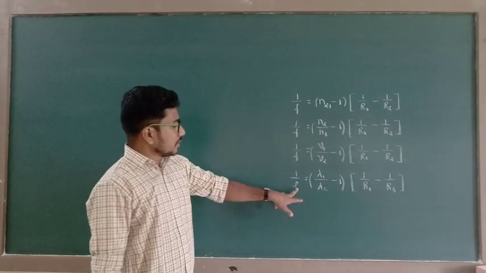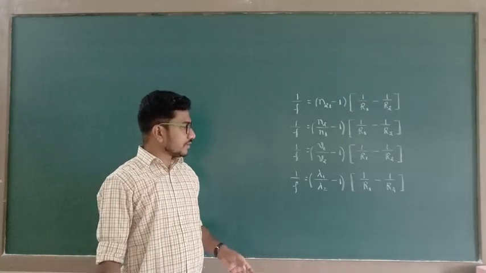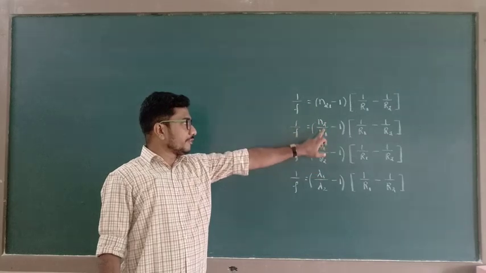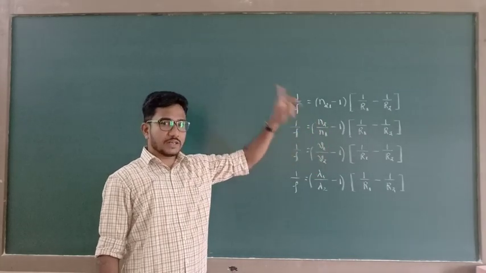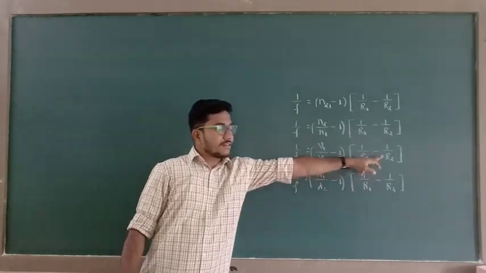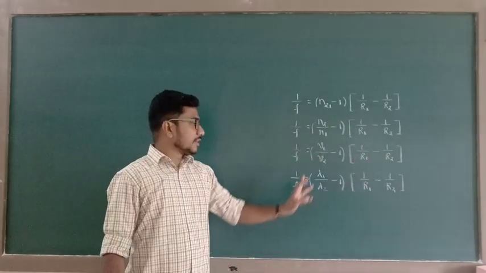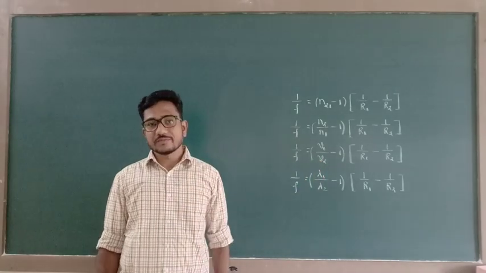So that means the focal length of a lens depends upon the refractive index of the material of the lens, the refractive index of the surrounding medium, radii of curvature, and velocity or wavelength of light used.